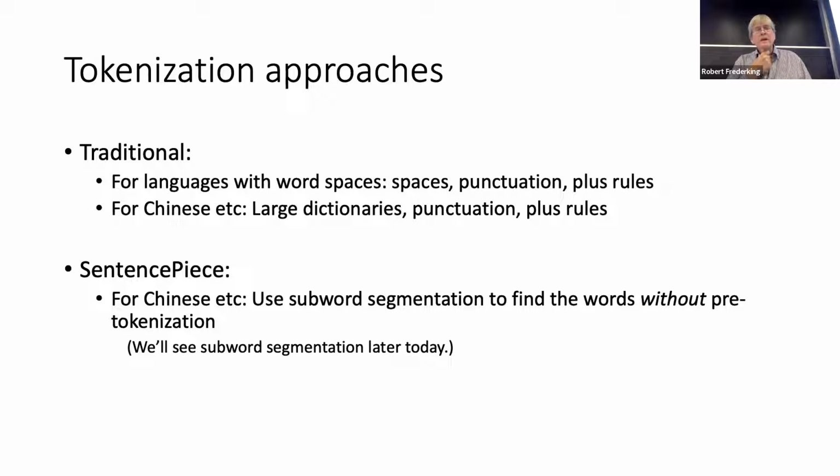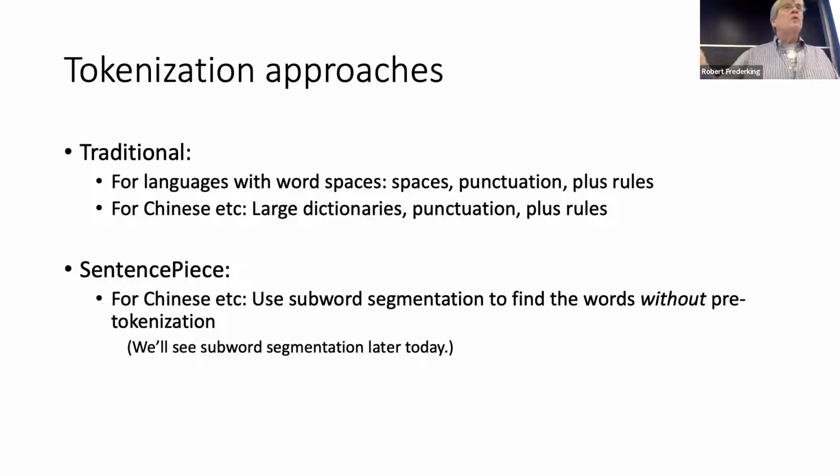And so typically, what people have done in the past for languages that have word spaces is use the spaces and punctuation plus a whole bunch of special purpose rules that fix things like the double punctuation thing. And spaCy is, I think, a rule-based tokenizer, in fact, that you used. For Chinese and languages like that, traditionally, they've used really big dictionaries of Chinese words plus punctuation and rules.